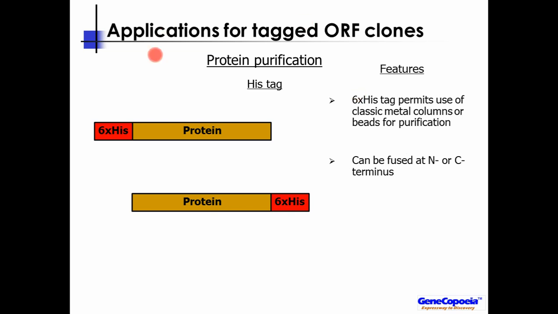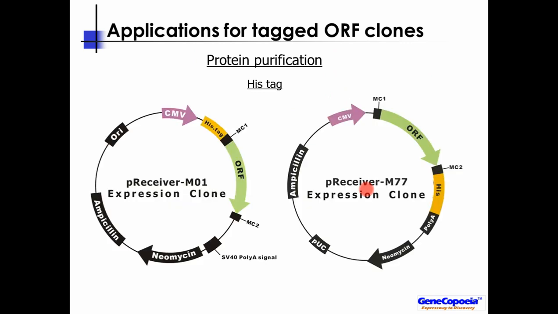All right, so now I'm going to go into some applications for tagged ORF clones. The first I'm going to discuss is protein purification, and one of the classic tags for that is the His tag, which is actually a hexahistidine tag. And the great thing about the His tag is it permits the use of classic metal columns or beads for purification, and it can be fused at either the N or the C terminus.